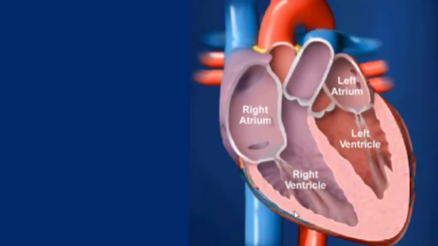Now we have to talk about some special structures present in the wall, present inside the heart. Here we have this special structure right here between the right atrium and the right ventricle, and similarly for the other side between the left atrium and the left ventricle. These special structures are called valves.